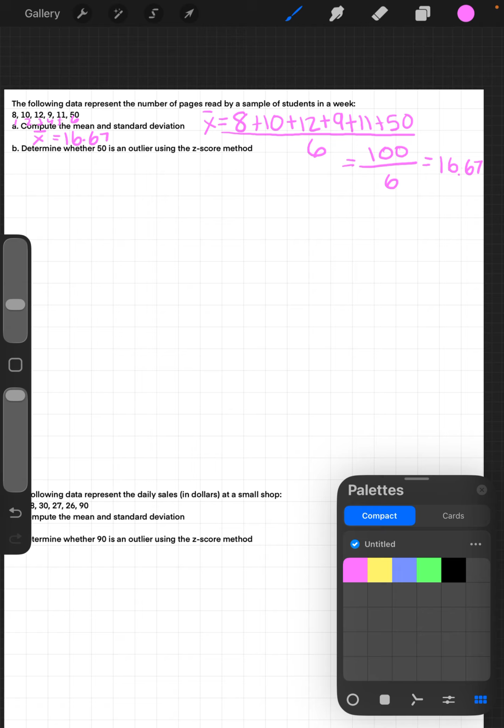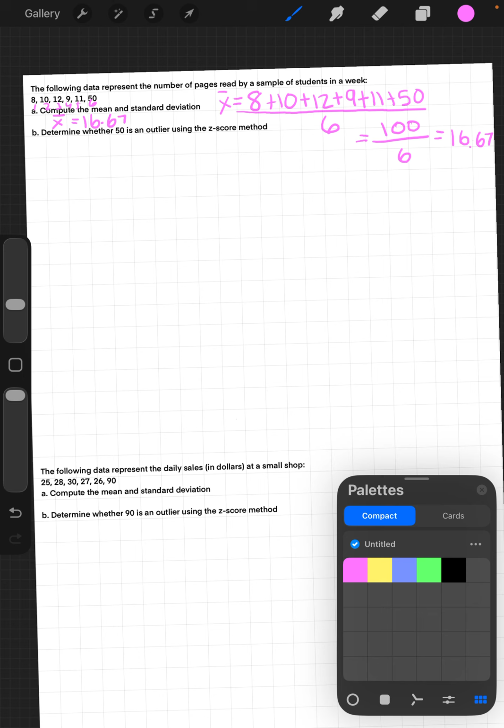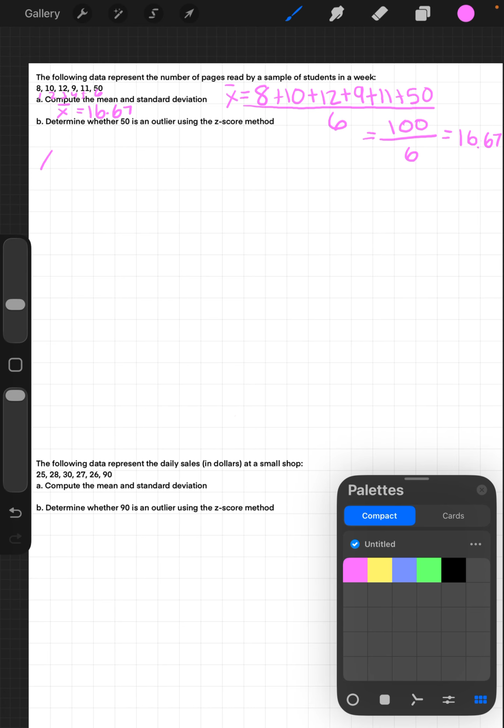And now we're gonna find the standard deviation with the table. So x, x minus mean, squared. We have 8, 10, 12, 9, 11, 50.